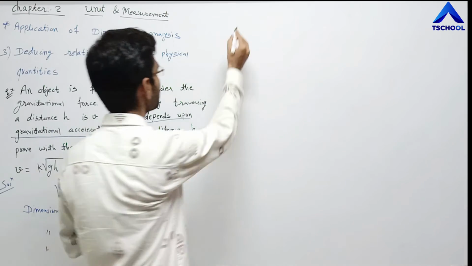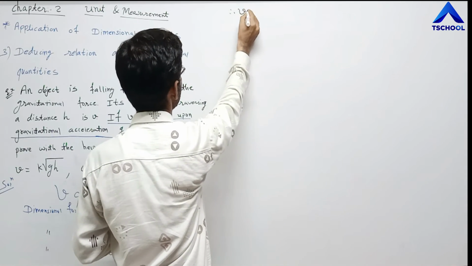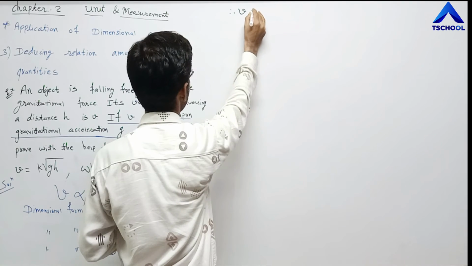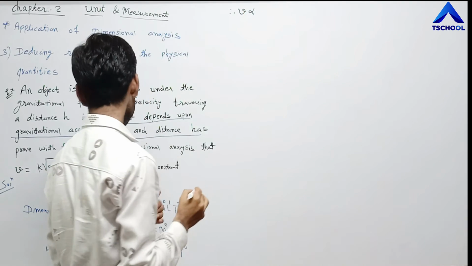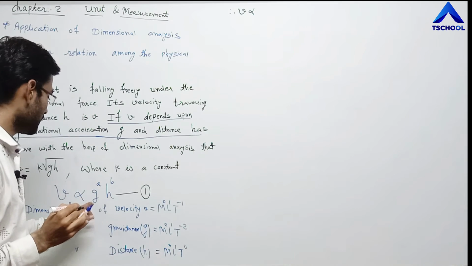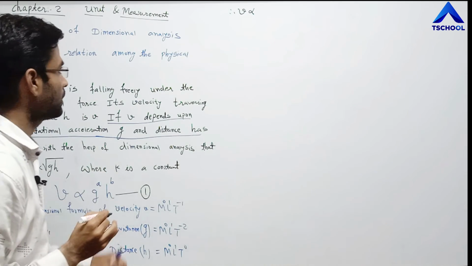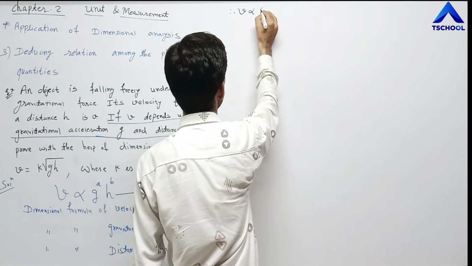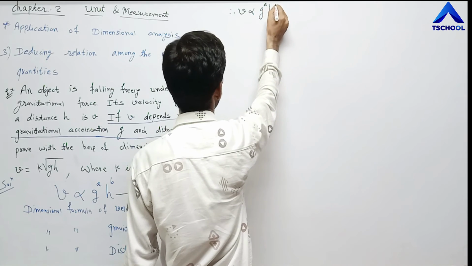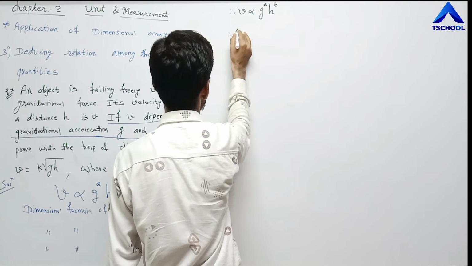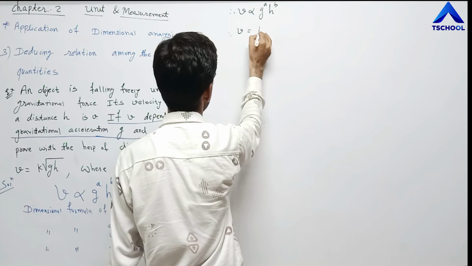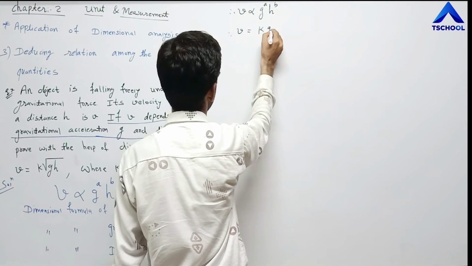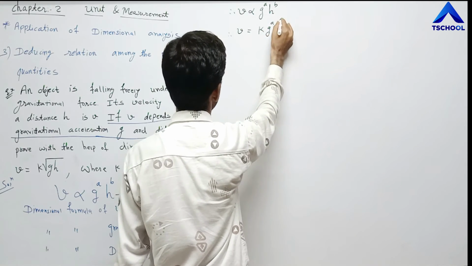Therefore v is proportional to g power a, h power b. If we remove the proportionality sign, then v is equal to k, g power a, h power b.